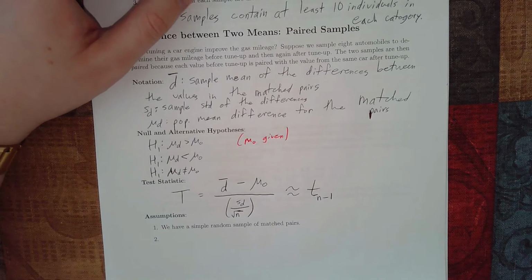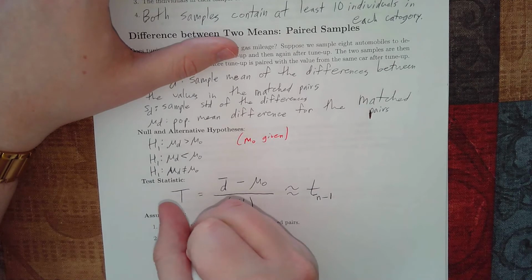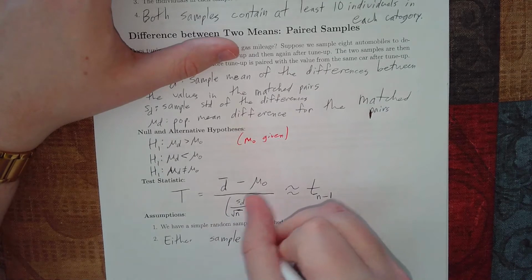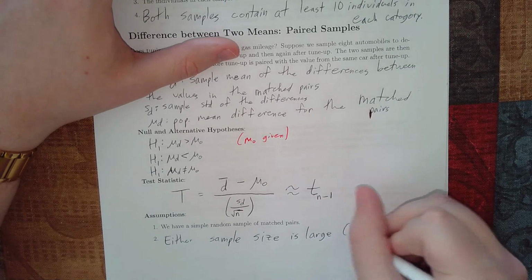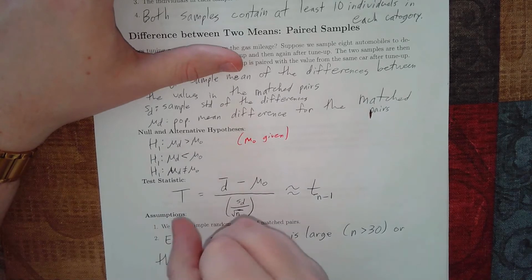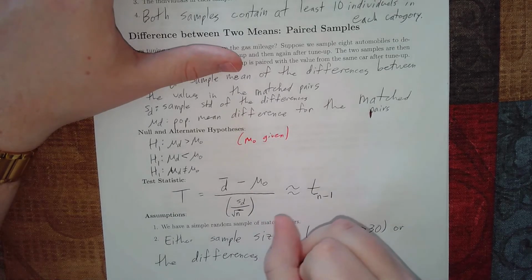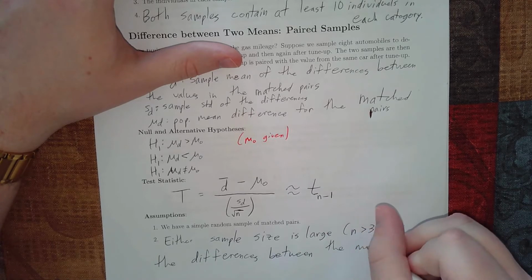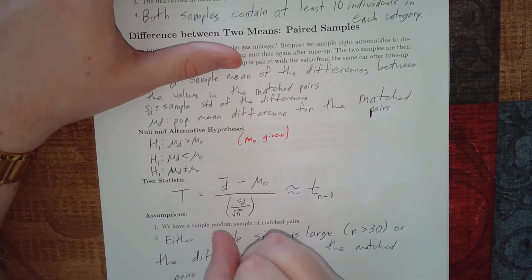So some assumptions that we have here is that we have a simple sample of matched pairs, and we also assume that either the sample size is large, greater than 30, or the differences between the matched pairs are approximately normal.